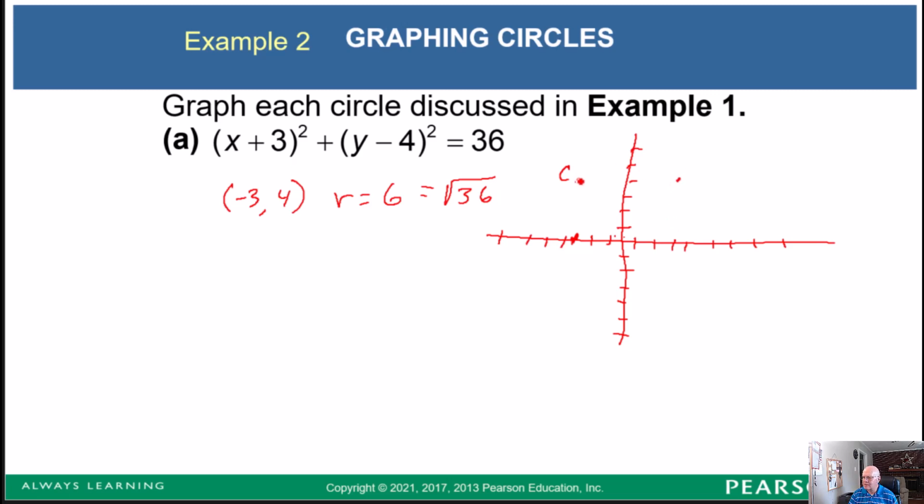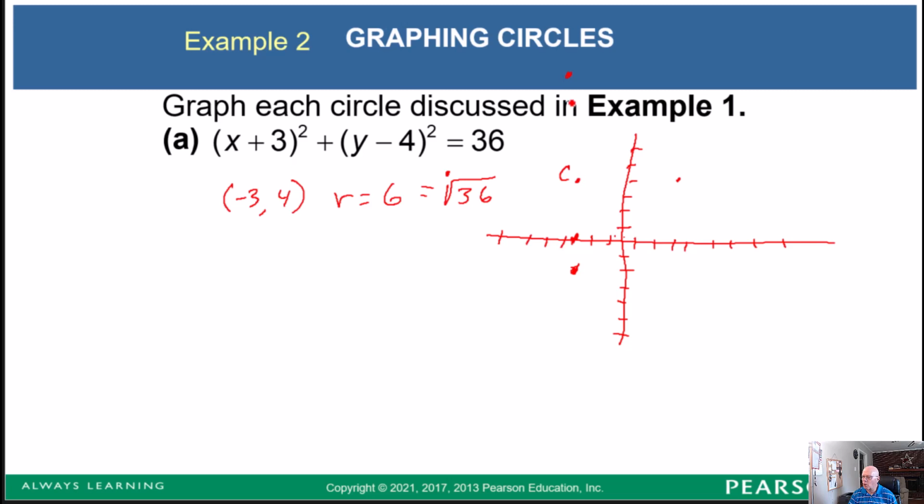Then this is at 4, so I'll go up to 10. Let's say it's up there. Then I'll go from here over in this direction 6, and I'll go from here down 6.